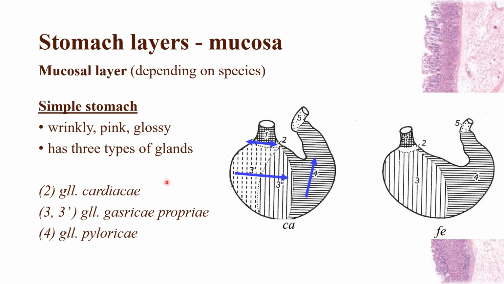First, we have glandula cardiaca, which is right here by the cardiac part of the stomach. Then we have glandula gastrica propria, which are basically the corpus of the stomach. And then we have the glandula pylorica, which is right here, the pyloric part.